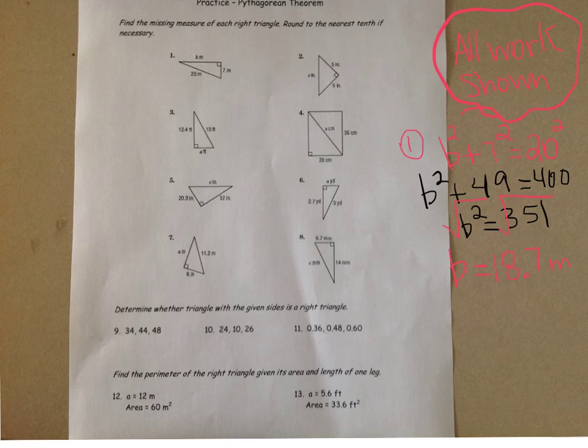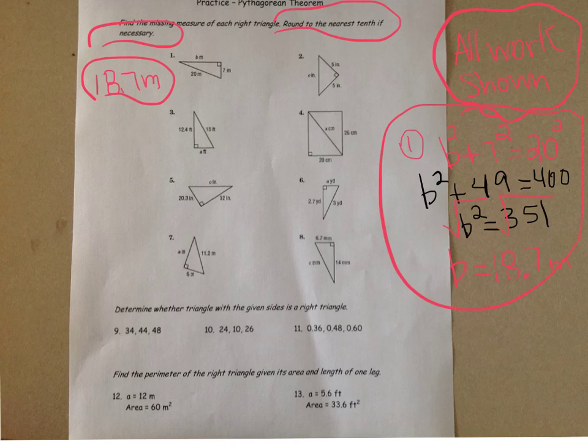You round to the nearest tenth if necessary. So number 1 is 18.7 meters. Every single one of these problems should look like how I wrote for number 1 in your notebook, and that will give you 100% on a quiz grade. You may work together on these.